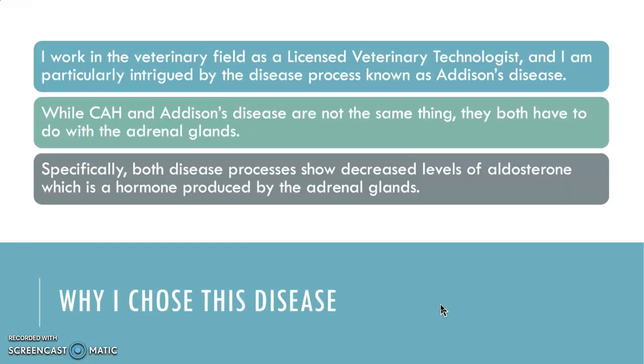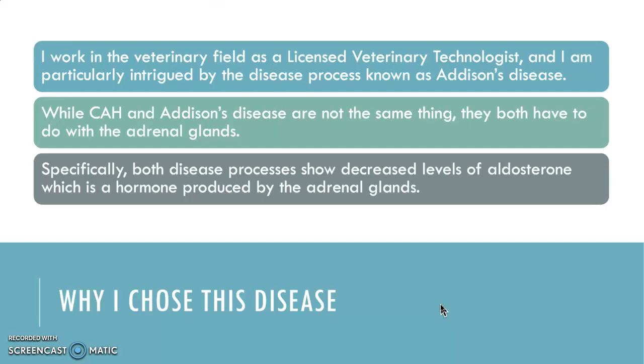I just wanted to include a point about why I chose this disease in particular. I work in the veterinary field as a licensed veterinary technologist, and I'm particularly interested in Addison's disease.